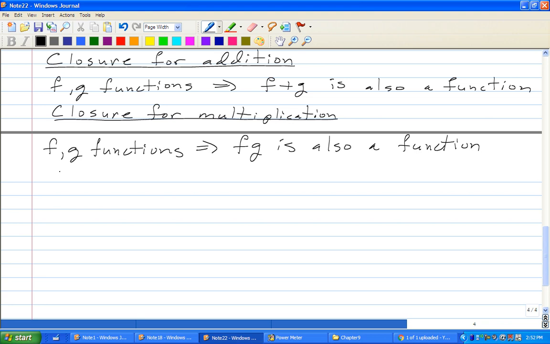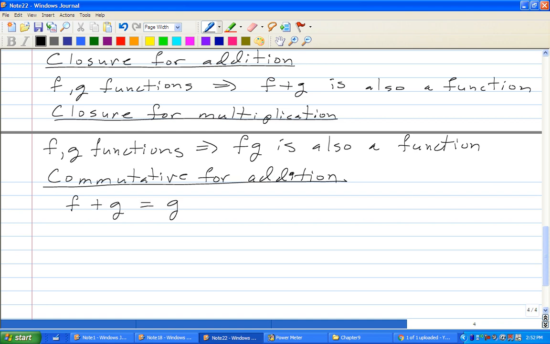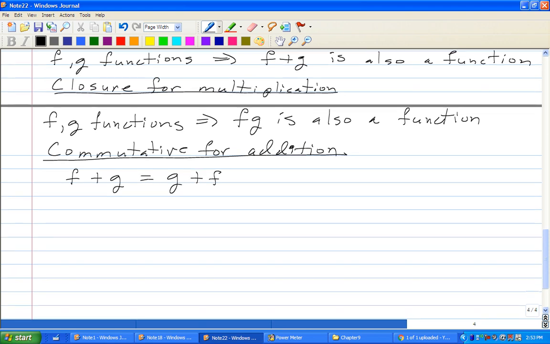Commutative property for addition. Which says that if f and g are functions, then f plus g is the same as g plus f.